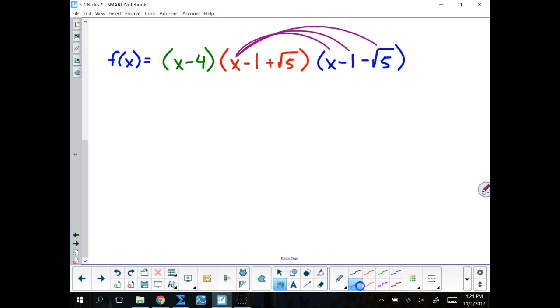So that is x squared minus x times the square root of 5. Agree?